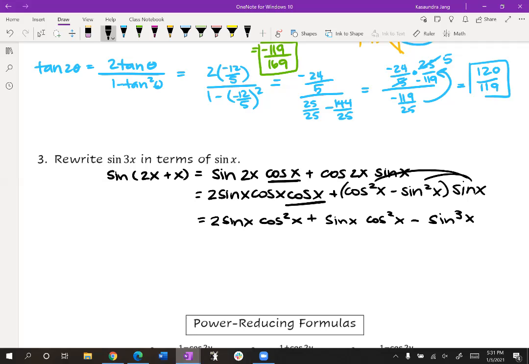And then it looks like I have the same thing here. I can still combine this a bit. So I've got 3 sine x cosine squared of x, and then I've got a minus sine cubed of x.